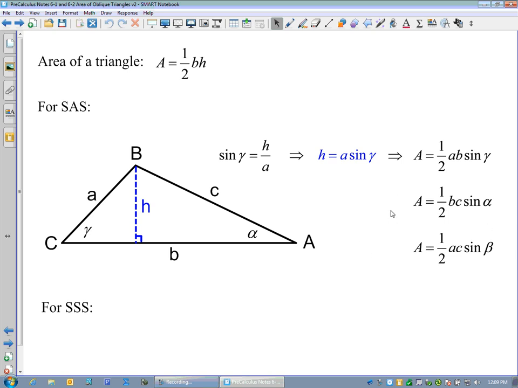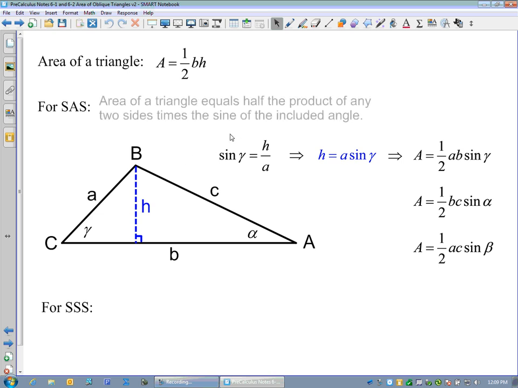But rather than try to memorize these three different equations, a better way to think of it is in terms of the idea, and the idea is that the area of any triangle is going to be equal to half the product of any two sides times the sine of the included angle. And in this case, if we knew a and b and its included angle, then we can use this formula to find the area.